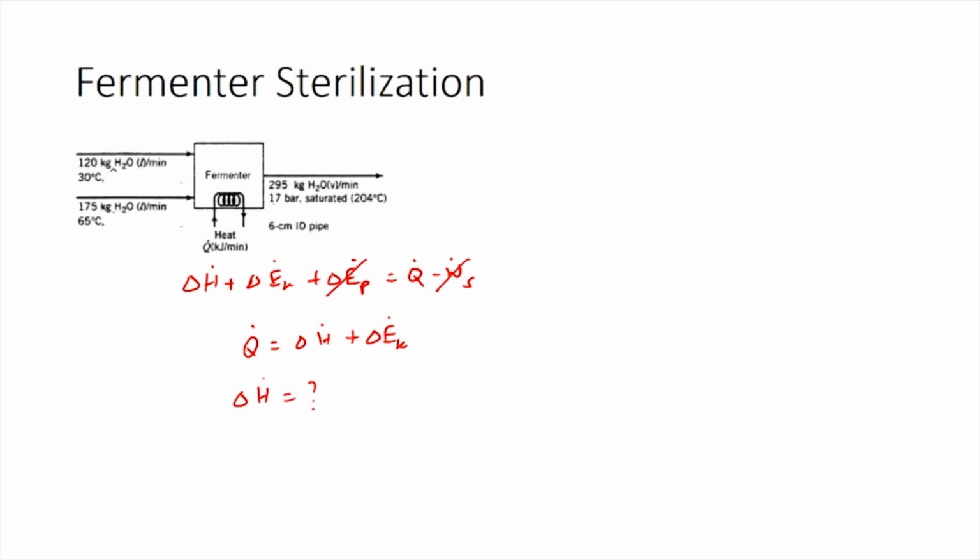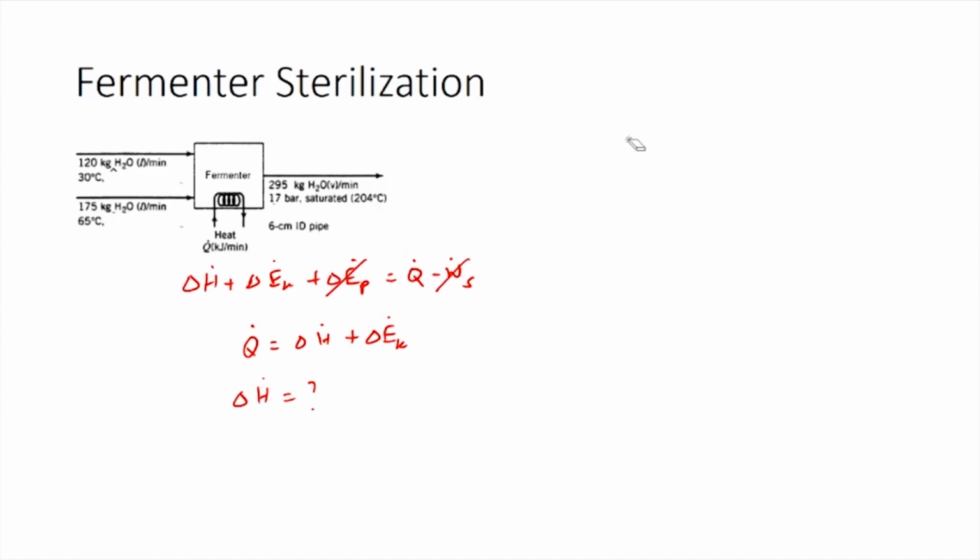So, please go back and refer to steam tables from one of the textbooks, or if you have access to some other steam tables, please refer to them to identify the enthalpies for the inlet streams, which are liquid water at 30 degrees Celsius and liquid water at 65 degrees Celsius. You would also have to identify the specific enthalpy for saturated vapor at 17 bar, which is your exit conditions.